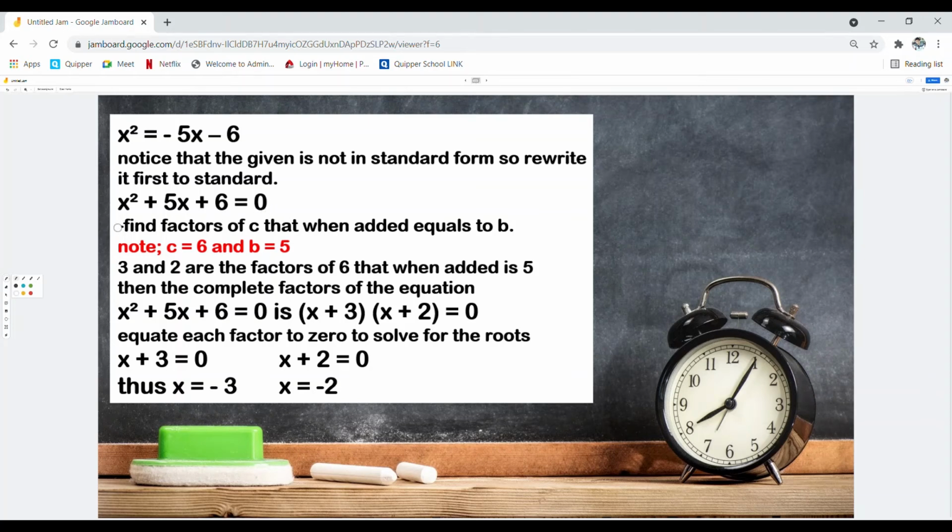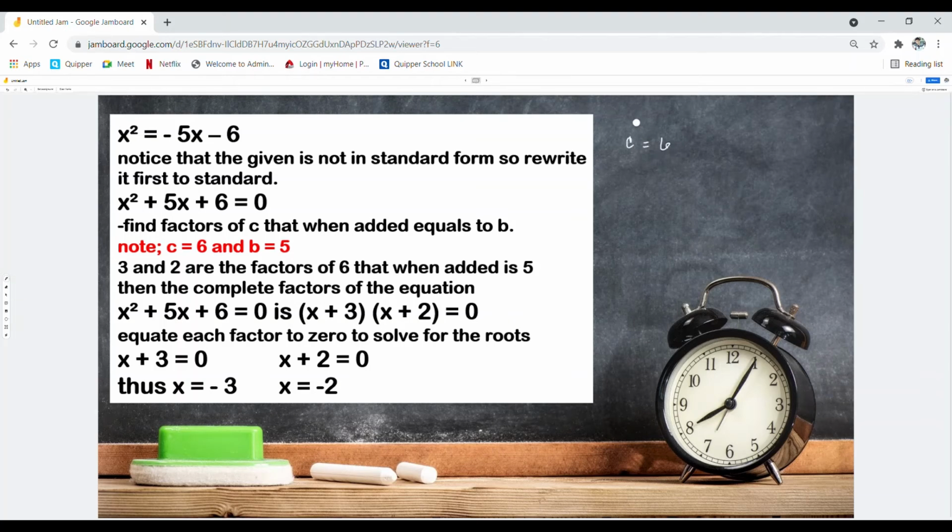So see, this is still the same as the first example, that our a is 1. So according to the steps, we have to find factors of c. Our c here is 6.